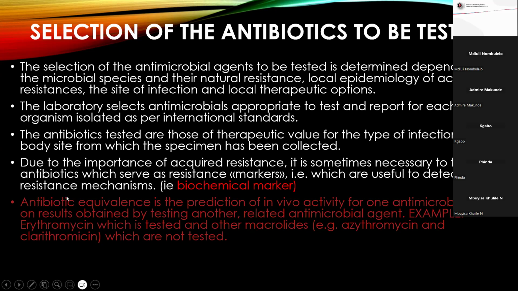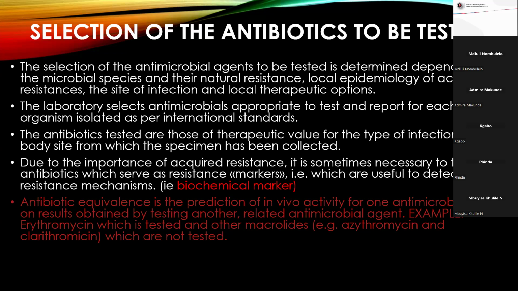Then just for information, sometimes when you are choosing antibiotics, there's a term usually referred to as antibiotic equivalence. By antibiotic equivalence, in the laboratory you have the ability to test certain antibiotics, but they're in the same family. I talk about ampicillin versus amoxicillin. They're in the same penicillin group, but amoxicillin is not stable to be kept in the disc method.